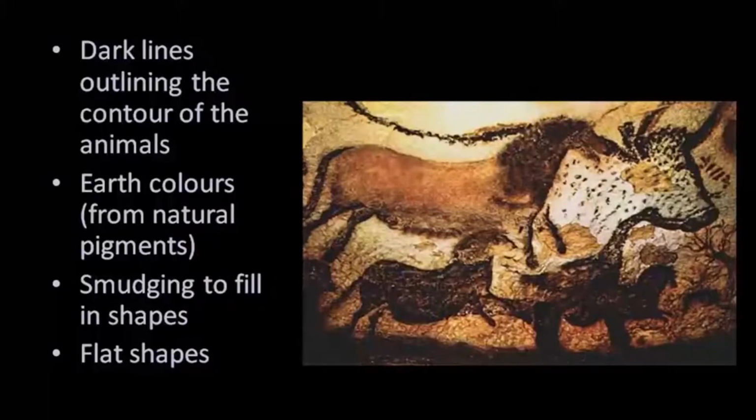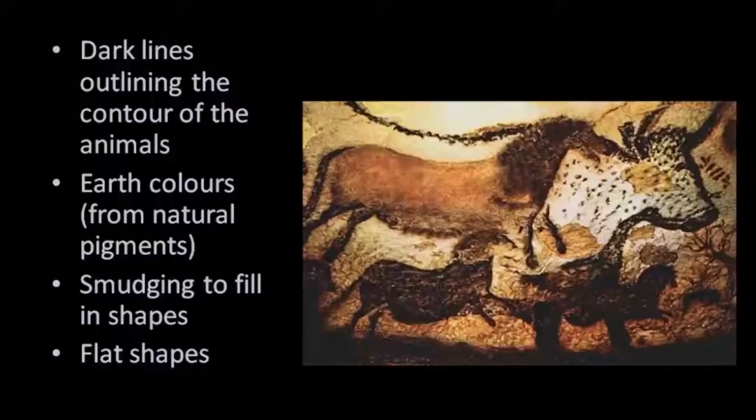And it is also interesting to see that instead of following one particular visual idiom or pattern, these prehistoric people were using various kinds of lines. For example, using dark lines outlining the contour of the animals, using different kinds of colors, and also the color applications happen to be very different in different animals.